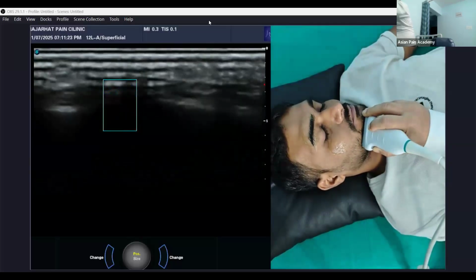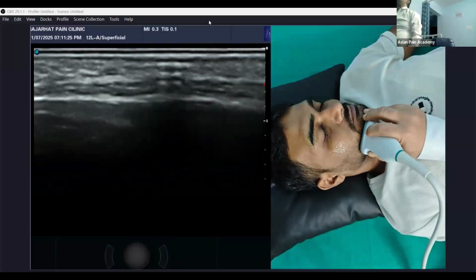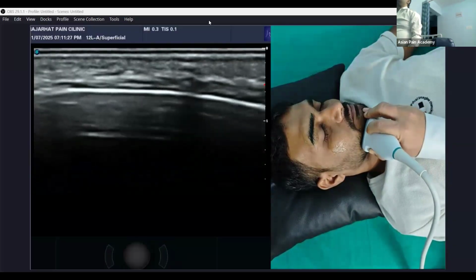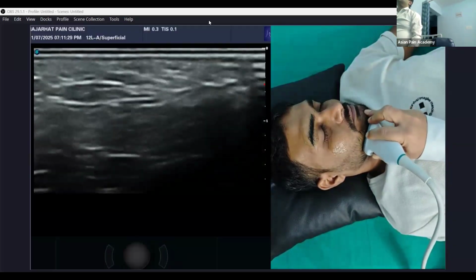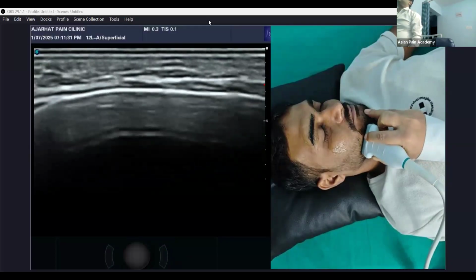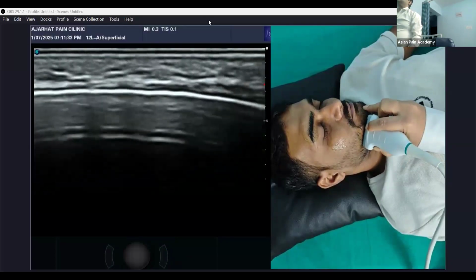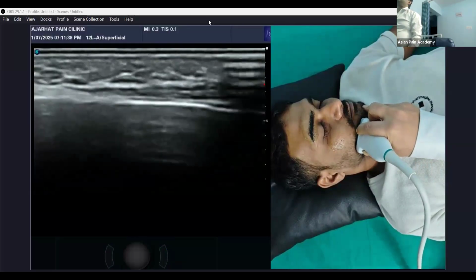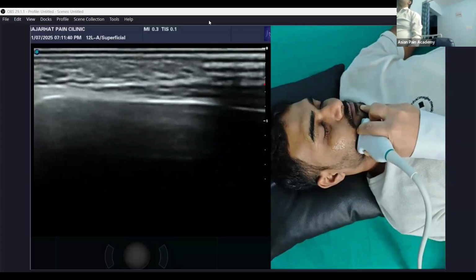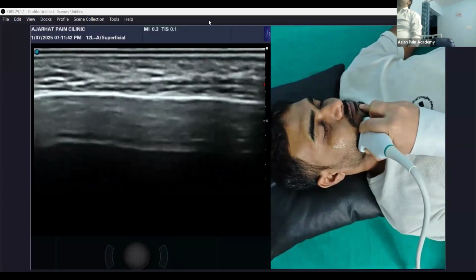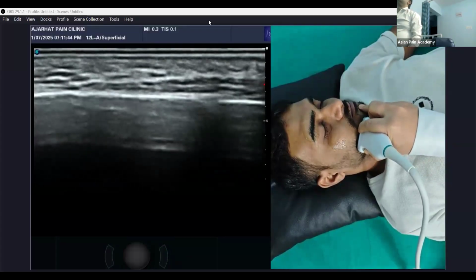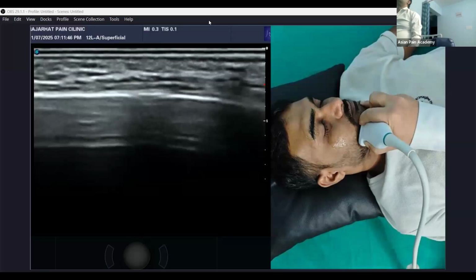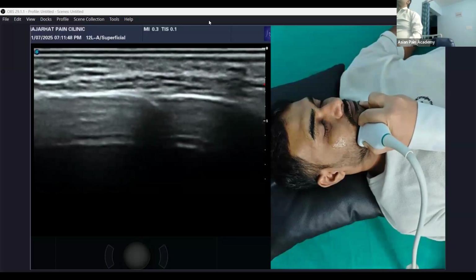Here the formula is the same. First you see the bony margin from the very lower end, and then you go up, and suddenly you will feel that there is a gap. So this one is the gap.